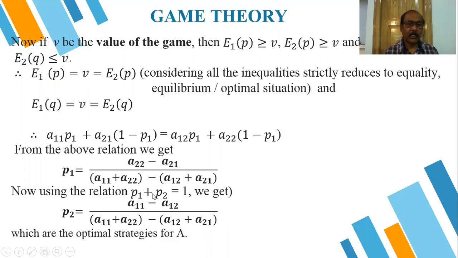Otherwise, we can put P1 here and get P2, but during numerical calculation it is better to put the value of P1 here, and we get P2 equal to 1 minus P1. These are the optimal strategies for A, where P1 is the probability of selecting strategy 1 and P2 is the probability of selecting strategy 2.